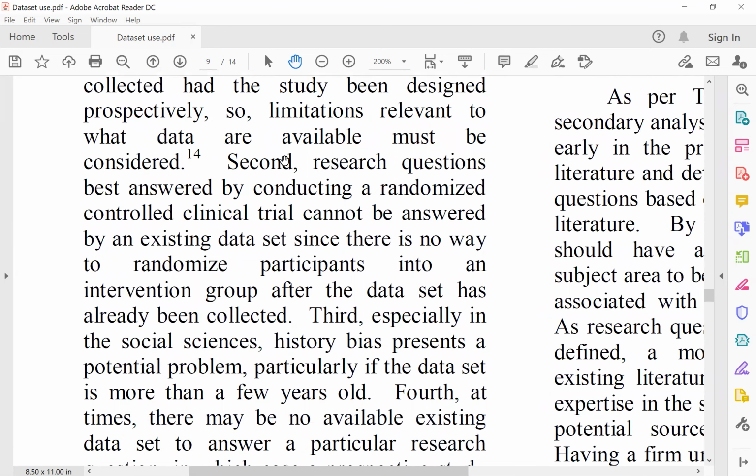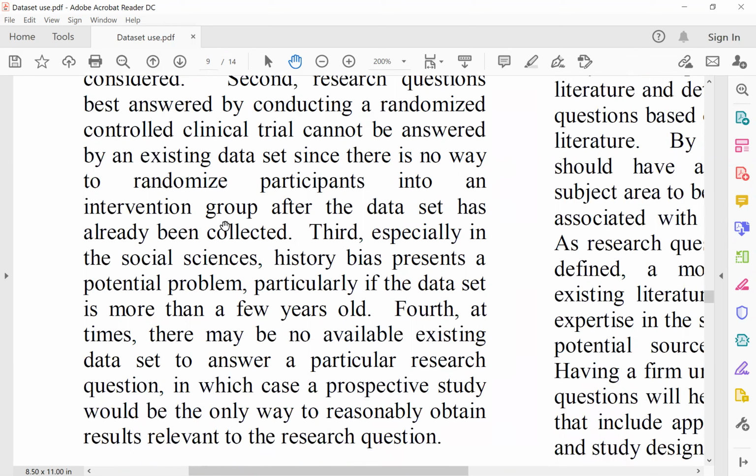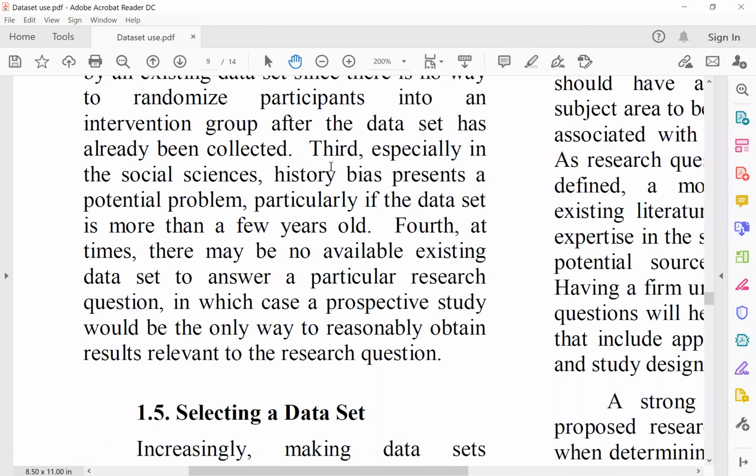Second, research questions best answered by conducting an RCT cannot be answered by an existing dataset, since there is no way to randomize participants into an intervention group after the dataset has already been collected. Third, especially in the social sciences, history bias is a potential problem, particularly if the dataset is more than a few years old.